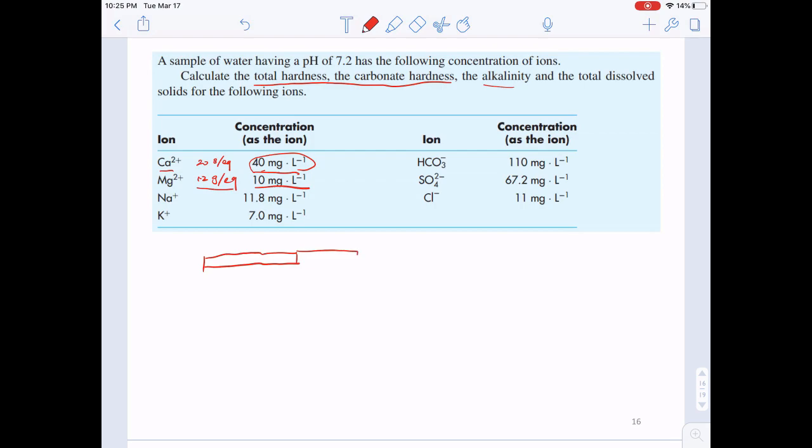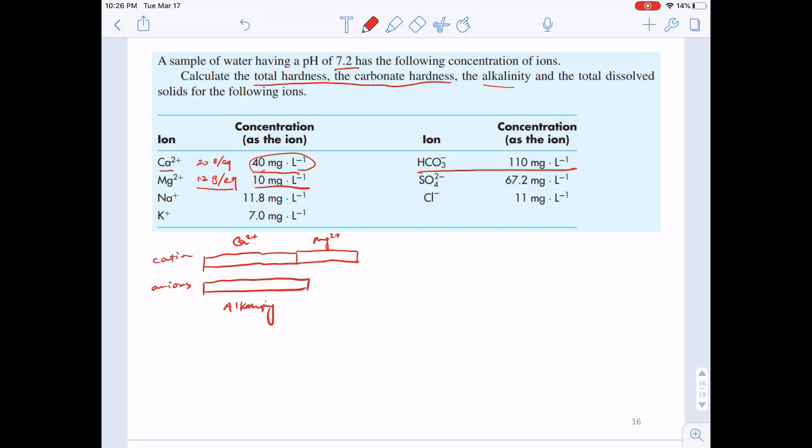Let's say this is the calcium, this is the magnesium, and we further know that the alkalinity is just the bicarbonate ion in the water, because in this water there are no carbonate ions or hydroxide ions, since the pH is 7.2, a neutral condition. Let's say the alkalinity looks like this. This is cations, anions, calcium and magnesium here.